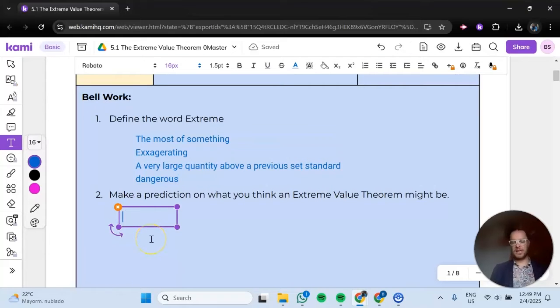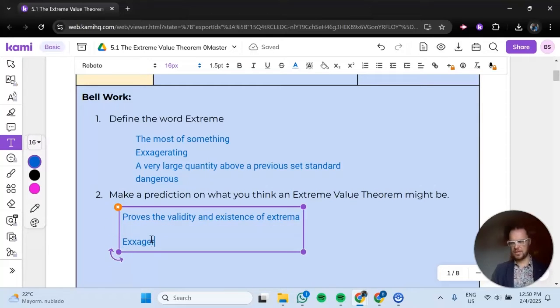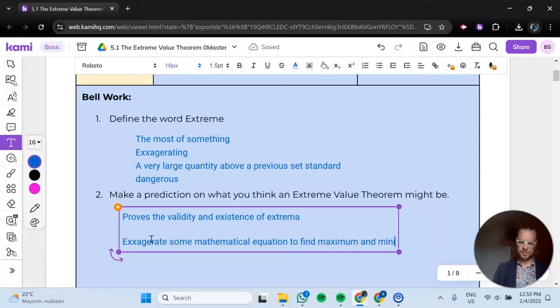When they came up with their predictions, I hope you got something somewhat similar, but what we had is proves the validity and existence of extrema, or to exaggerate some mathematical equation to find maximum and minimums.